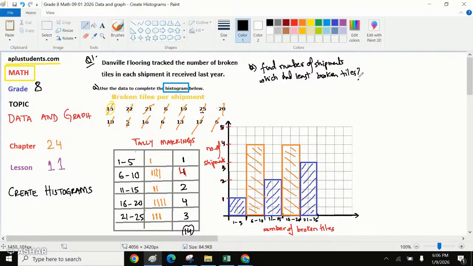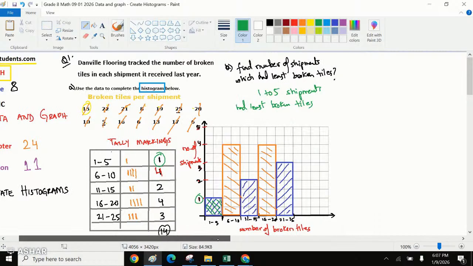So when we are looking at this, even through the tally markings, we can find the answer. The value with the least frequency is the answer, or the least height. So we can say 1 to 5 shipments had the least broken tiles because the height is 1 over here.